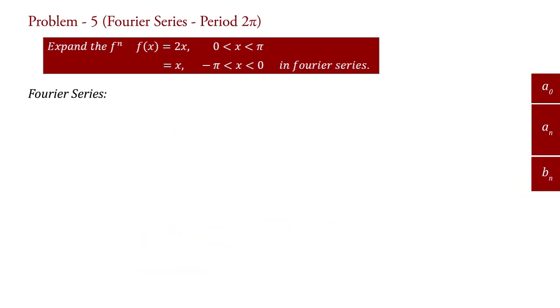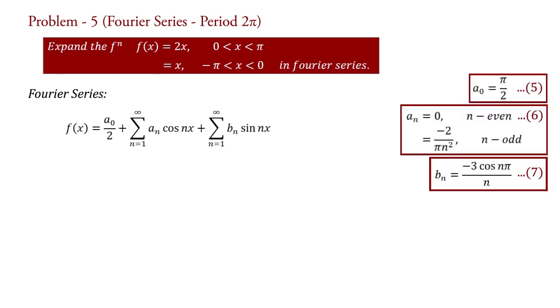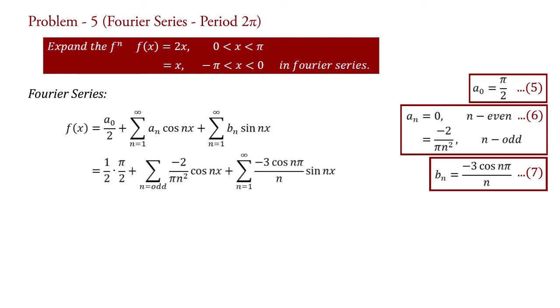Now Fourier series is f of x equal to a0 plus summation this plus summation this. Substituting the value of coefficients a0, an and bn, we get f of x equal to 1 upon 2 into pi by 2 plus summation n equal to odd minus 2 upon pi n square cos nx plus summation n equal to 1 to infinity minus 3 cos n pi upon n into sin nx.